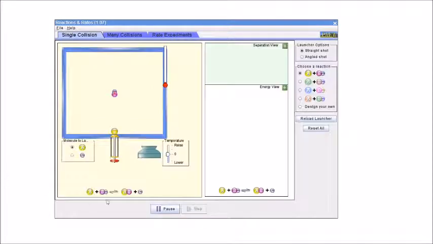Let's consider this reaction here, where one element A is added to a compound BC, and forms ABC. So here I have A and here I have BC. Notice the way they are currently aligned.